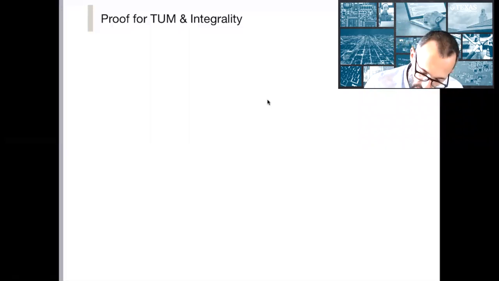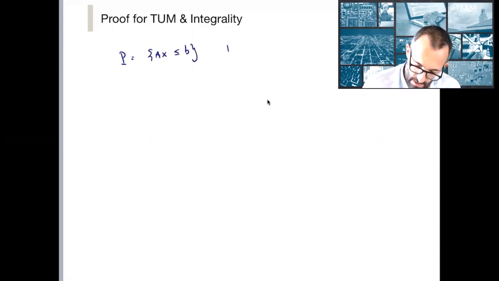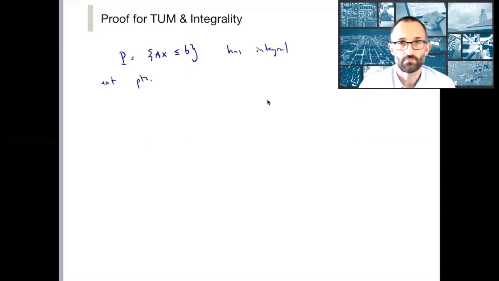We want to show that P equals {x : Ax ≤ b} has integral extreme points. Well, in order to compute any of the integral extreme points, we need to choose a square submatrix. In other words, we need to choose which are the n tight inequality constraints.